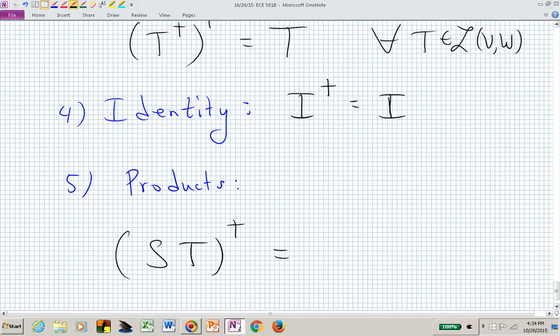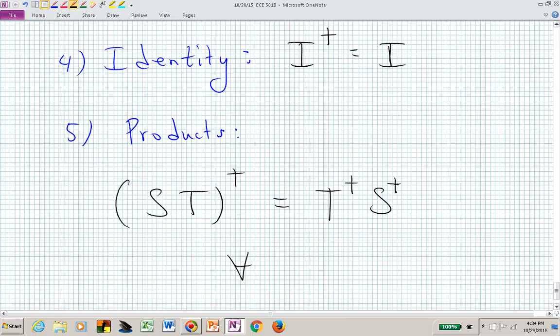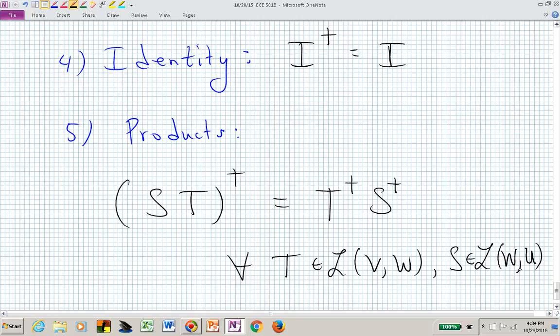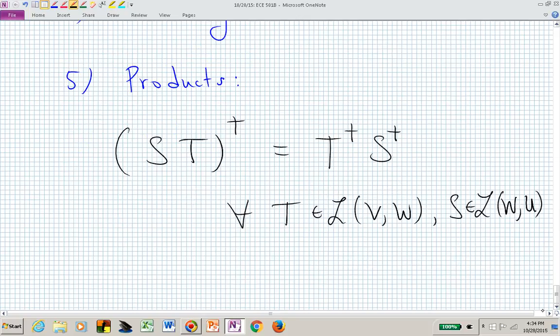You have to reverse the order of these so that now you have T dagger, S dagger. And that's true for all T. Let's say T goes from V to W and S goes from W to U. Those are some properties of the adjoint.